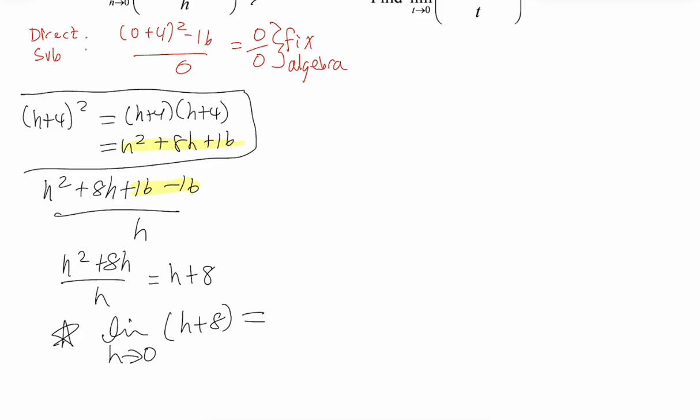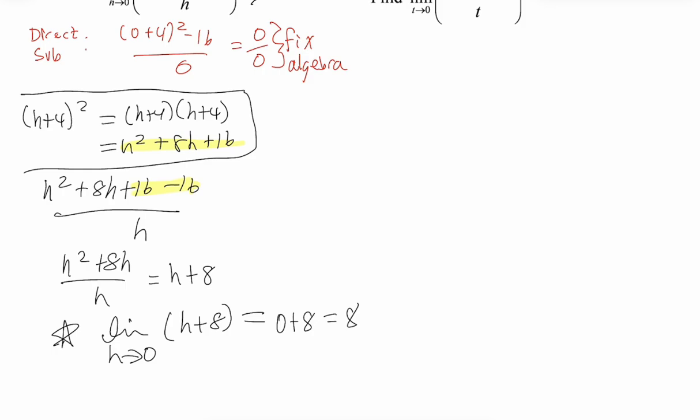What's our answer? It's just 8. I thought maybe you guys would get that a little quicker, but anyway, there you go. It's just 8. The beauty of finding an equivalent function, except for at the point we don't care about, is we can then just use direct substitution.